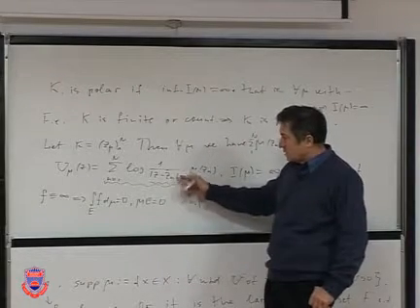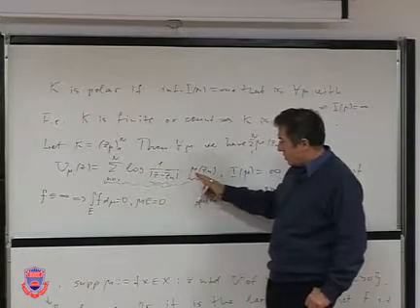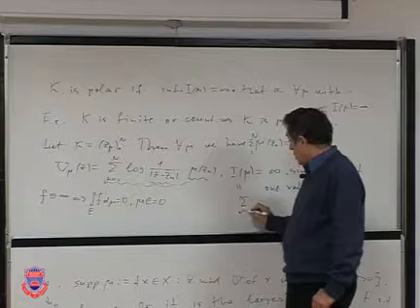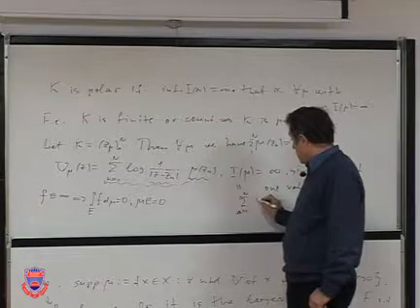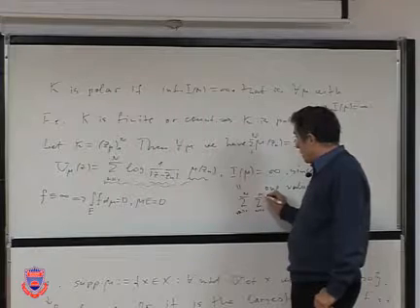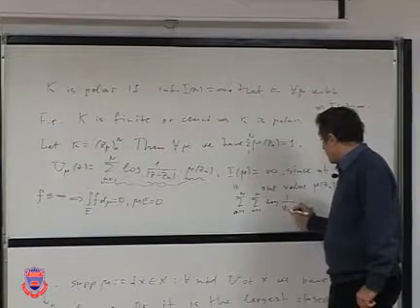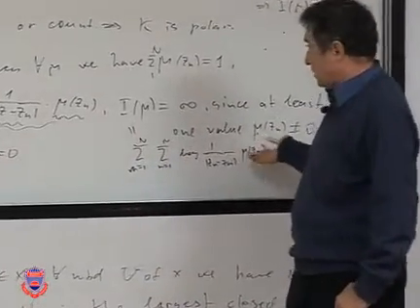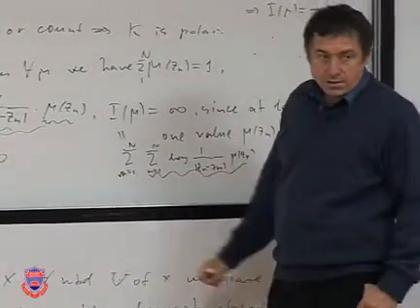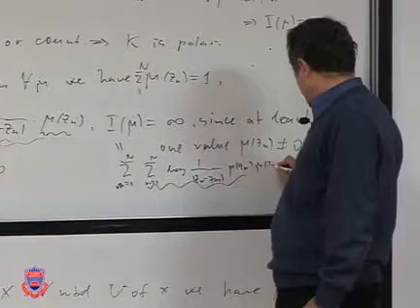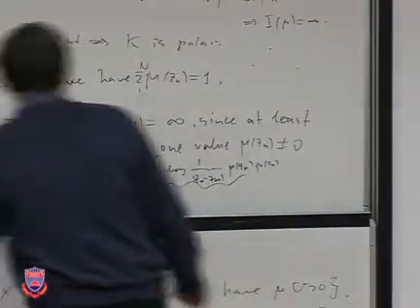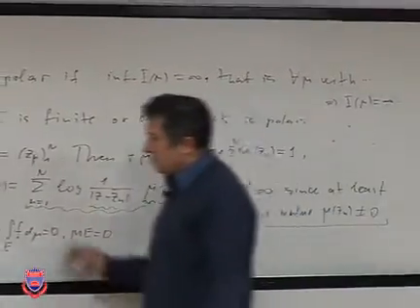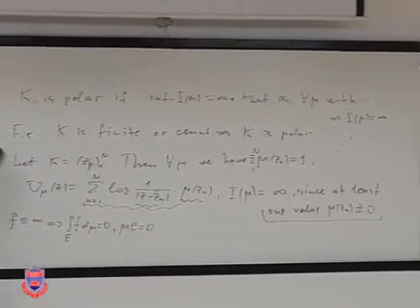Since we now integrate this with respect to measure mu, this integral is the sum over m from 1 to N capital of the sum over n from 1 to N capital of logarithm of 1 over the absolute value of z_n minus z_m, times mu of z_n, times mu of z_m. So we have to take at least one infinite value. If we do this, we have infinity, since at least one value at one point is infinity. So it means that a finite compact set is polar, since the integral is infinity.